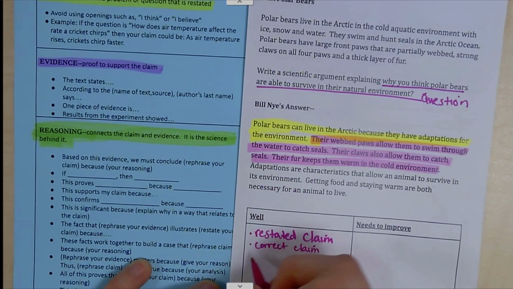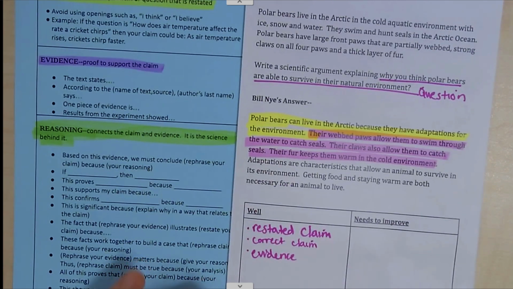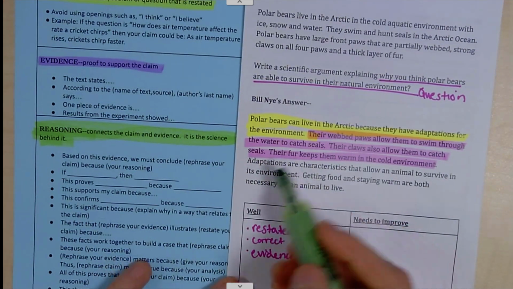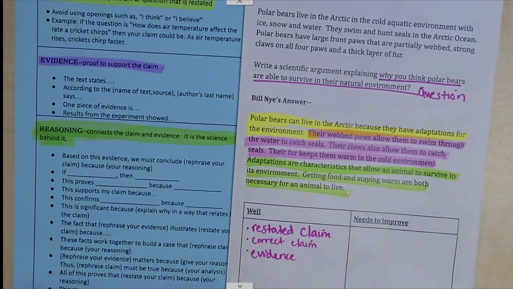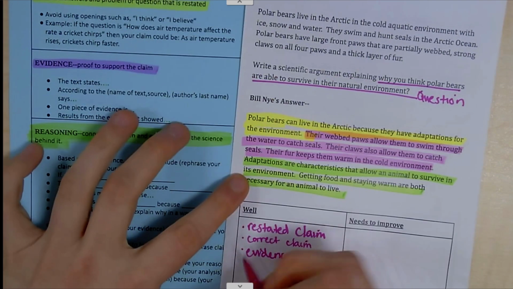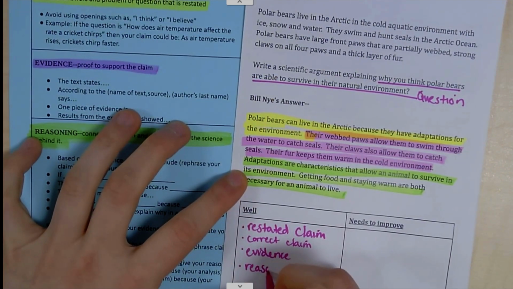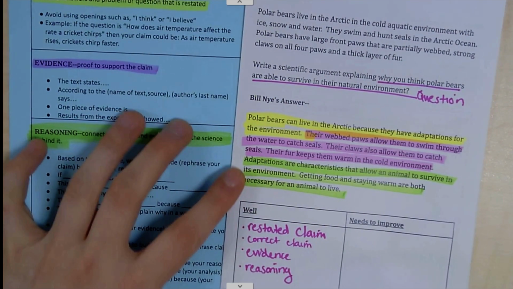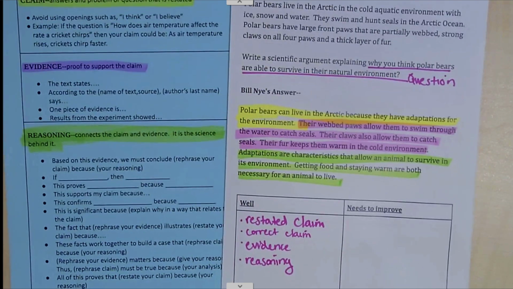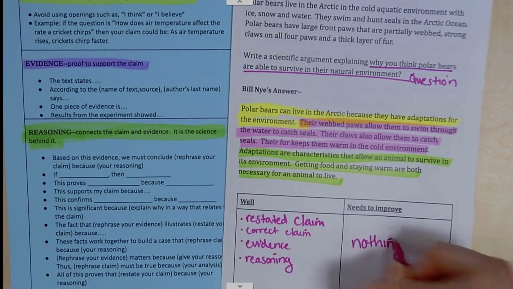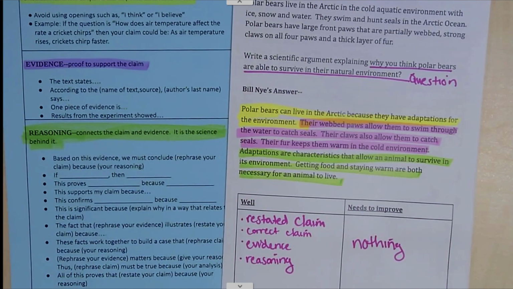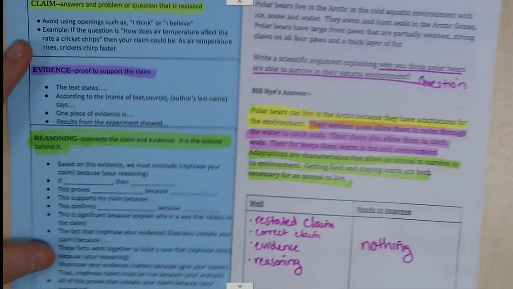And then we do have evidence. And we do have some reasoning, that's our science proof, so they're talking about what exactly adaptations are. So I wouldn't say this person needs to improve anything, so I'm just going to write nothing. So again, answering that same question. Let's try another one.